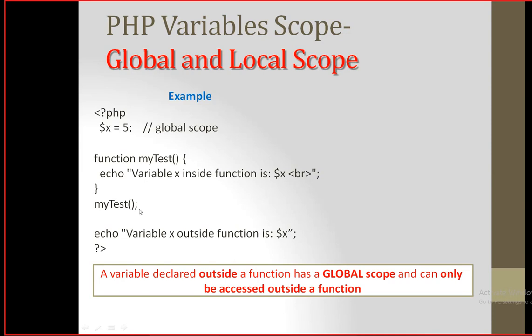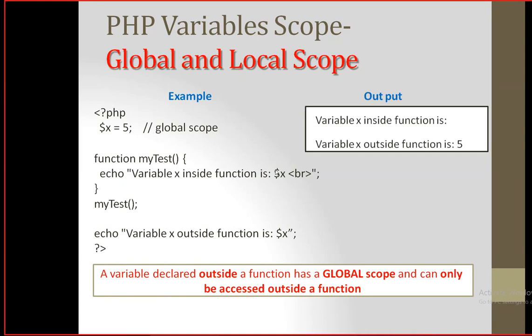Here we are calling the function just to display that statement, and immediately after that we are again accessing the value of x over here. So we'll find that the x value will be printed over here, but it will not be printed when it is used inside the function. So you can see that the output for the first time, when it is printed as a part of the function, you cannot observe any value, but for the second time we are getting the value 5 for x, right?